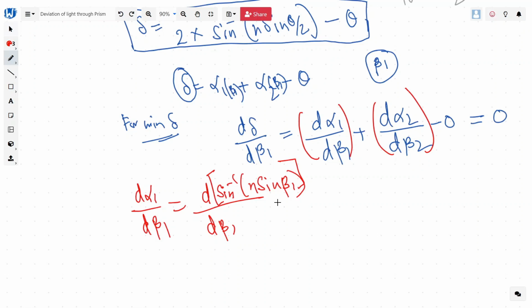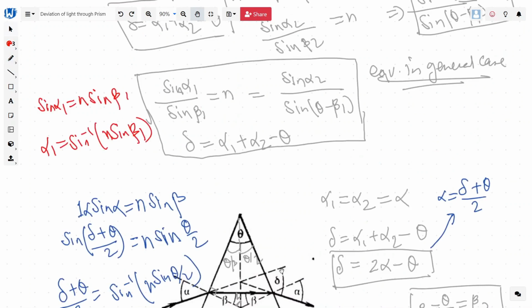And the second one, which is our alpha 2, we can write that here. Sine of alpha 2 is n sine of theta minus beta 1.